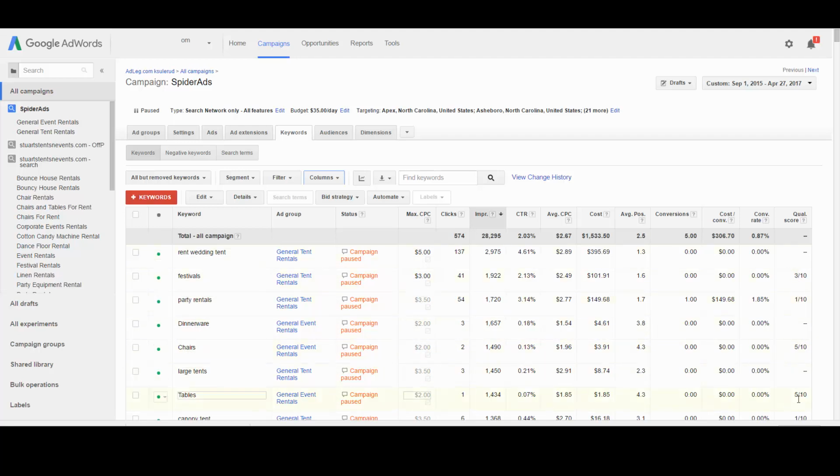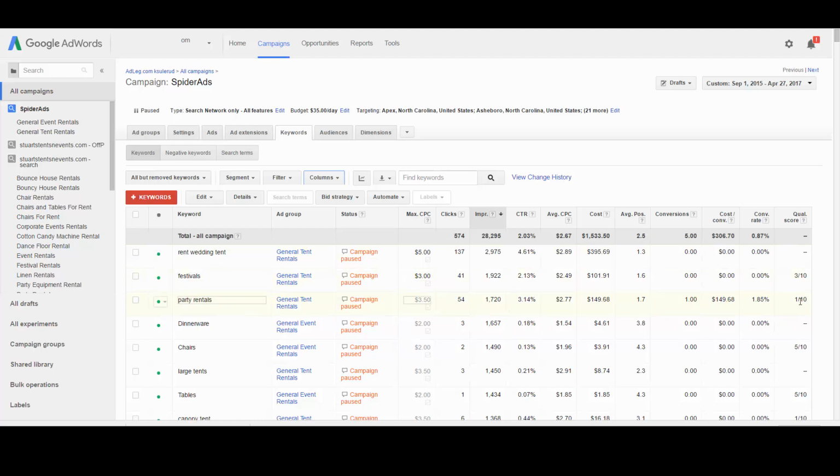Now the quality score that shows up in the dashboard here isn't necessarily a hard metric. So that's why it's hard to go off of. Because what actually happens is every single time someone does a search on Google that is going to possibly trigger your ad, Google is going to calculate the quality score for that particular search at that particular time based on the user's intent and based on your ad and your landing page.